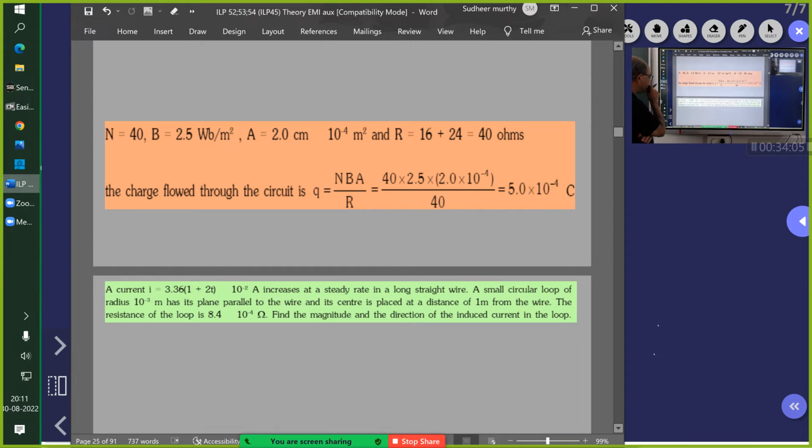Just read the problem. A small circular loop of radius has its plane parallel to the wire, and its center is at a distance of 1 meter from the wire.